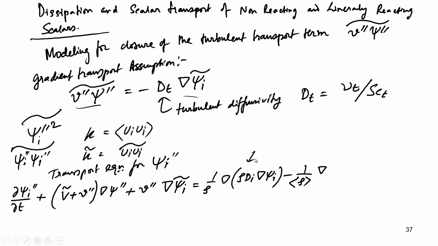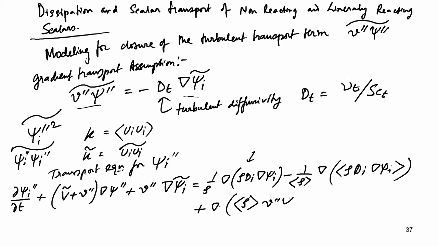So, this is the species diffusivity term, and this is the averaged contribution. This is the turbulent transport term that we are discussing, plus S_i, the source term. S_i is the source term, and its fluctuation is equal to S_i minus the Favre averaged S_i.